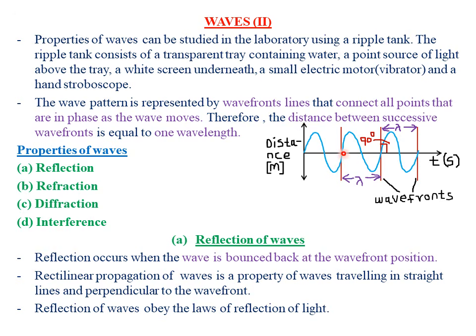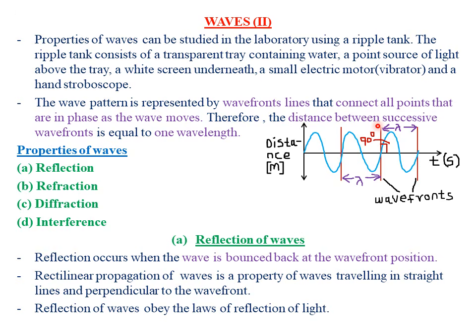The distance from this point up to this second point here is the distance after a complete oscillation has been formed. So the distance covered, we defined it as the wavelength. That particular distance is also equal to the distance between any two successive wavefronts.